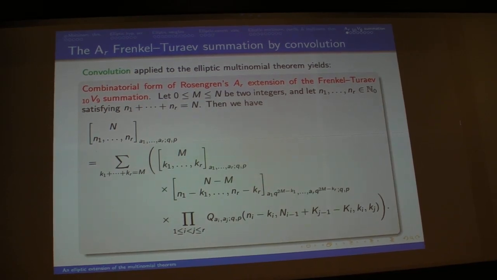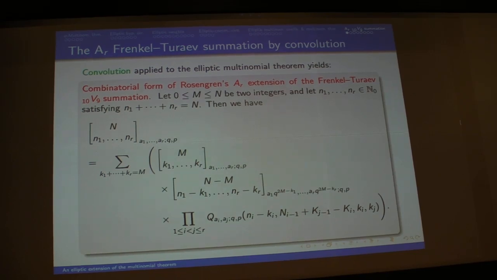The result was not new, but it's at least a new proof of a very nice result, a very fundamental result in the theory of A_R elliptic hypergeometric series, it is the A_R Frenkel-Turaev summation, the A_R 10V9 summation. And this is now what I would call the combinatorial form of it, which means you have a convolution of multinomial coefficients. And you have a multisum here, and here you have a big product, and everything factorizes completely. It's also important.